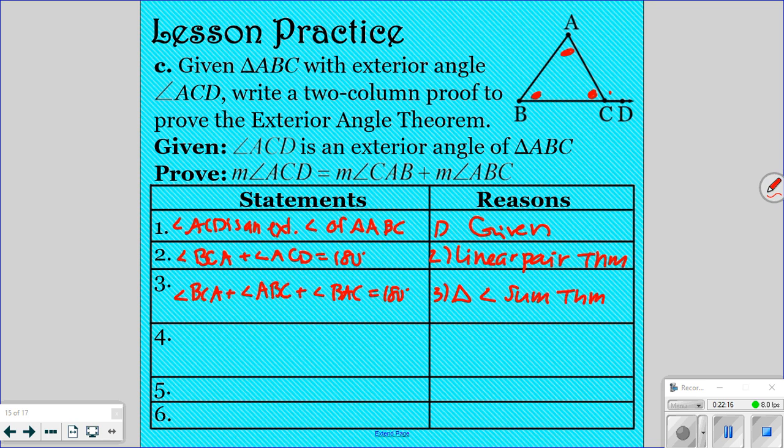From there, we can substitute. Both of these equal 180 degrees. And so we can say angle BAC plus angle ACD equals angle BCA plus angle ABC plus angle BAC. And that's by substitution.